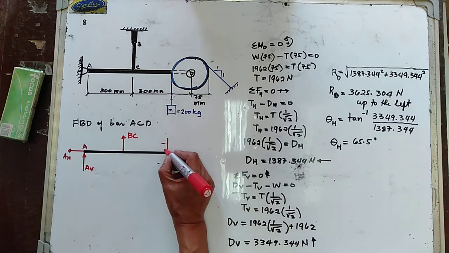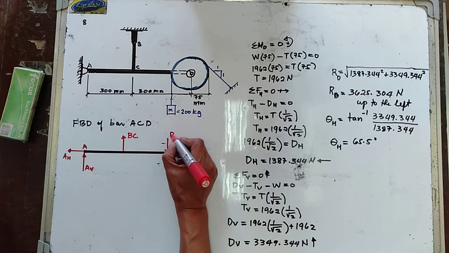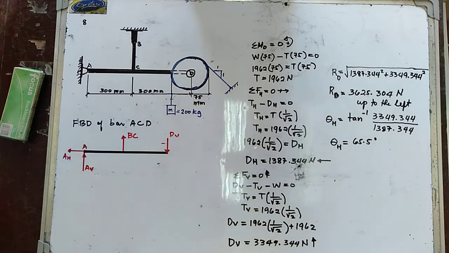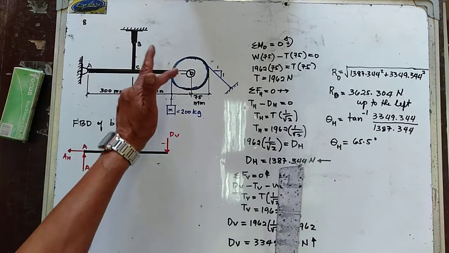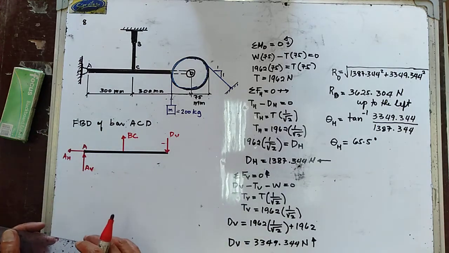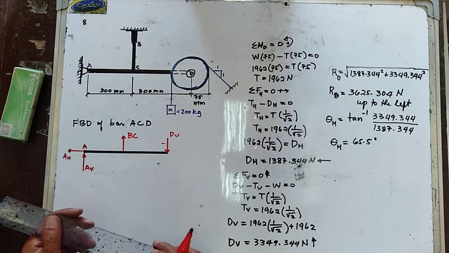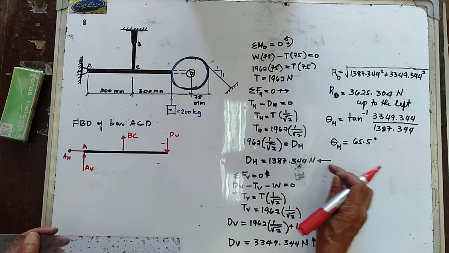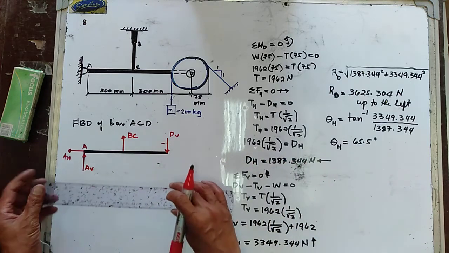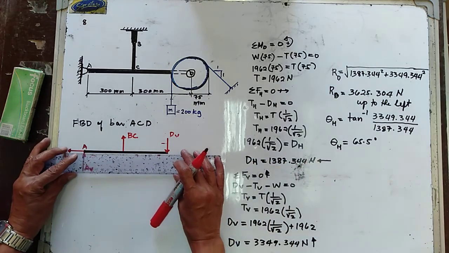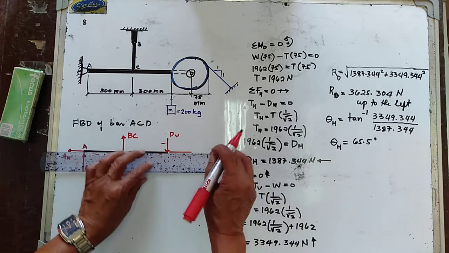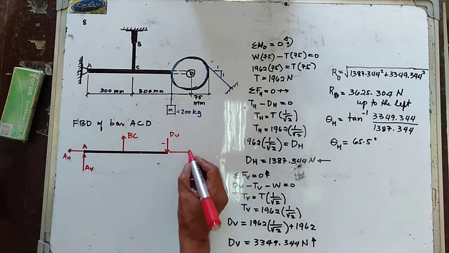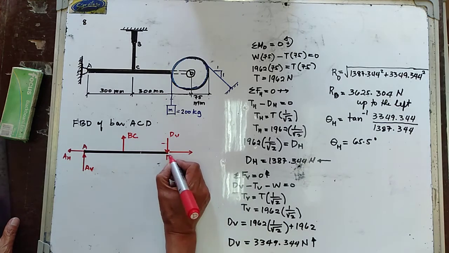So this is therefore your D vertical. Now, the horizontal component of the reaction at point D is going to the left. Hence, in the bar, it will now go to the right.